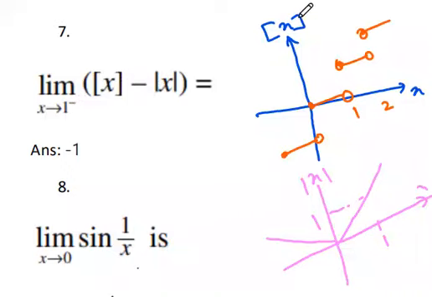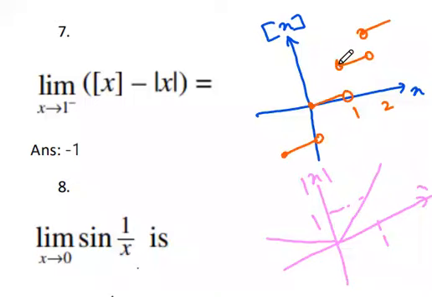This is the floor function, or greatest integer function. That means the greatest integer not greater than x. So this is the greatest integer in this area. It is 0 when x is in between 0 and 1.